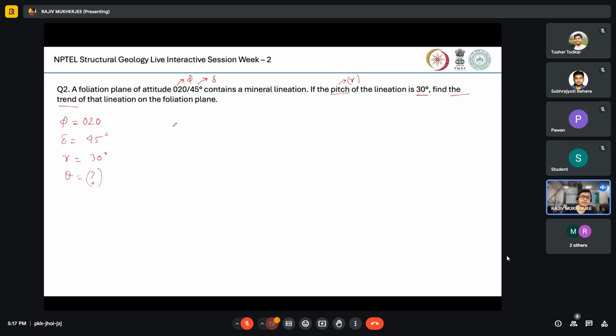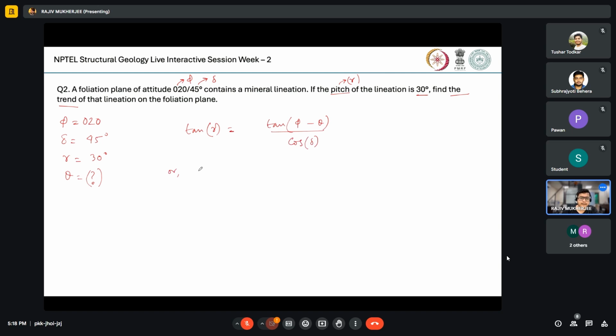So in that case, we will apply the formula: tan of rake is equal to tan of phi minus theta divided by cos of delta.